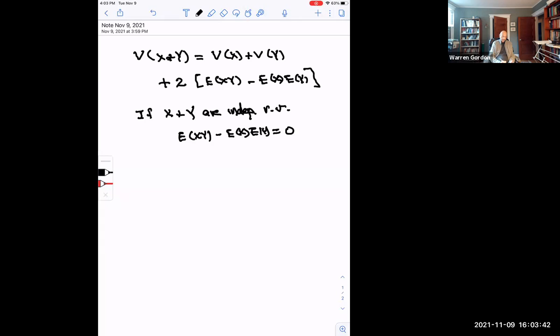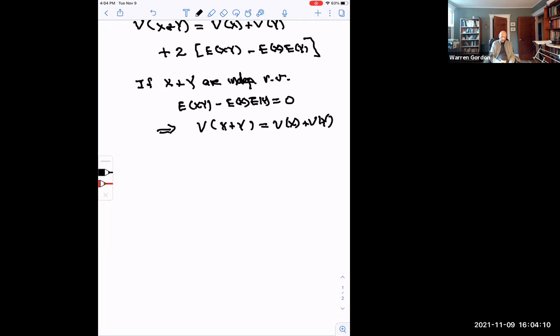Which tells you then that V of X plus Y is equal to V of X plus V of Y in that special case. It's also possible for X and Y not to be independent random variables for this to be true. I want to point that out. So this doesn't guarantee independence.